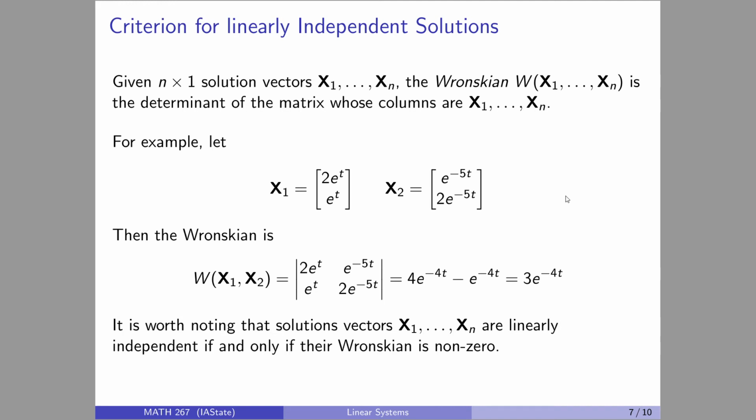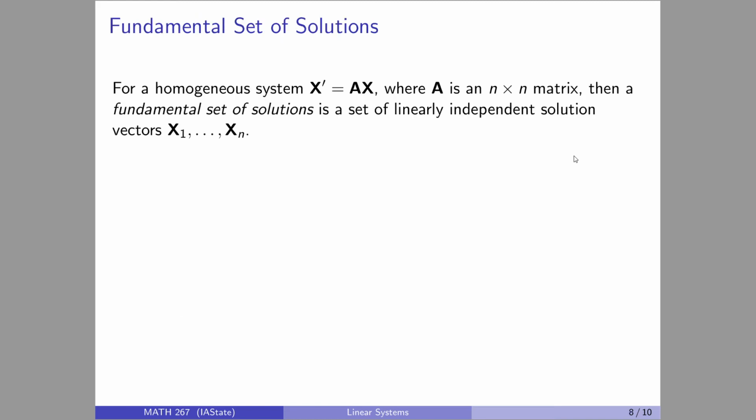So, what do we have now? We have two solutions to a 2x2 homogeneous system. We now know that they're linearly independent. We probably want to call that a fundamental set of solutions. So if you've got a homogeneous system and A is an n by n matrix, a fundamental set of solutions is a linearly independent set of solutions of the same size.